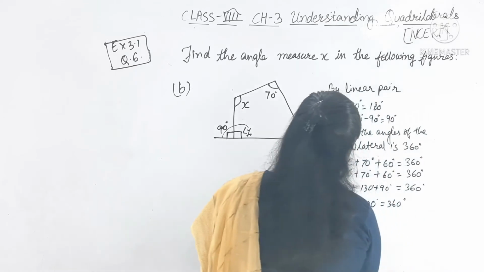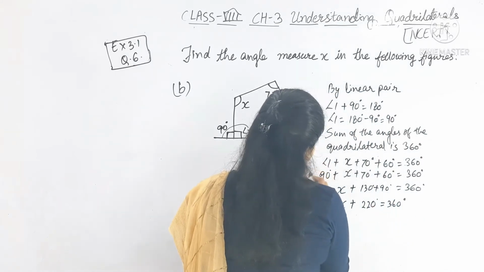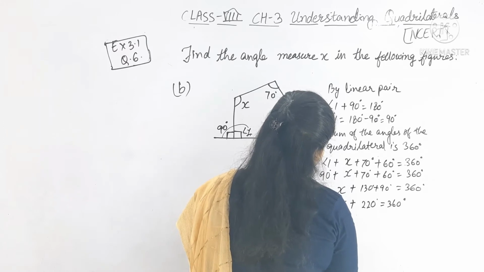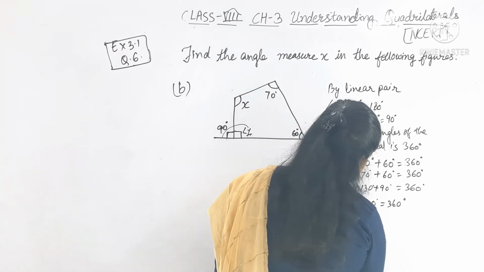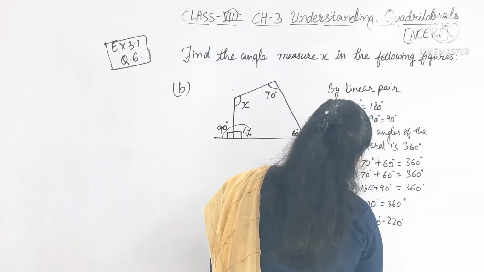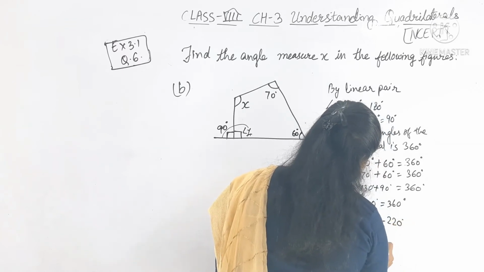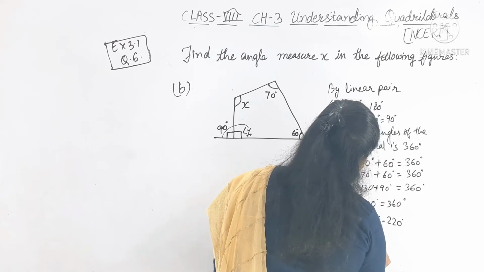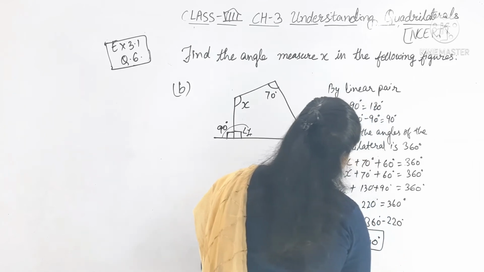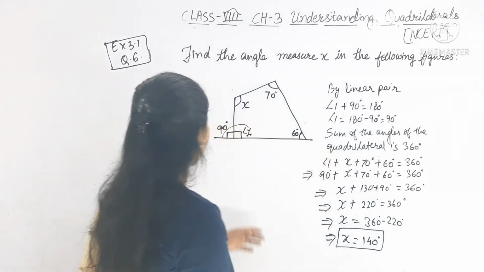So x equal to 360 minus 220 degree. Six minus 2 is 4 and 3 minus 2 is 1. So I am getting x equal to 140 degree as the answer of B part.